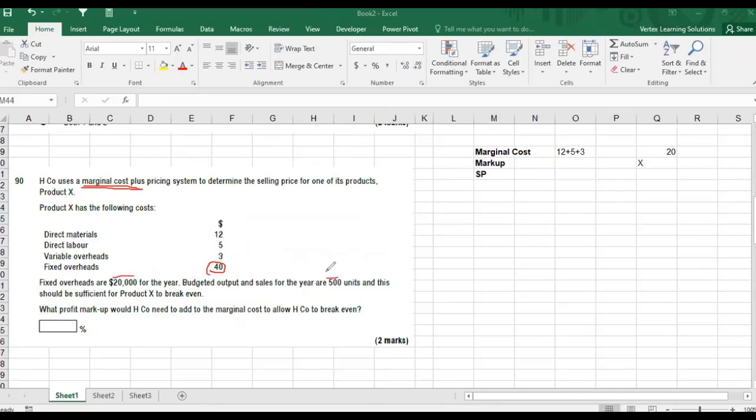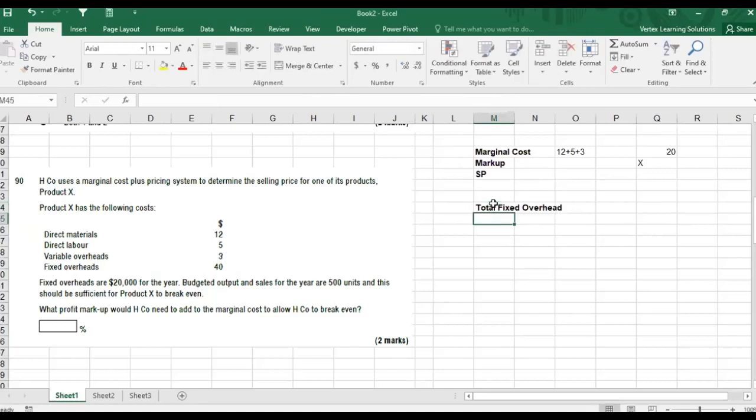So if your output goes up or down, your fixed overhead per unit will also go down or up, but your total will remain the same. So whenever you talk about fixed overhead, always think about total fixed overhead. Otherwise, you will make mistakes in the exam, and you will also make mistakes in real life.